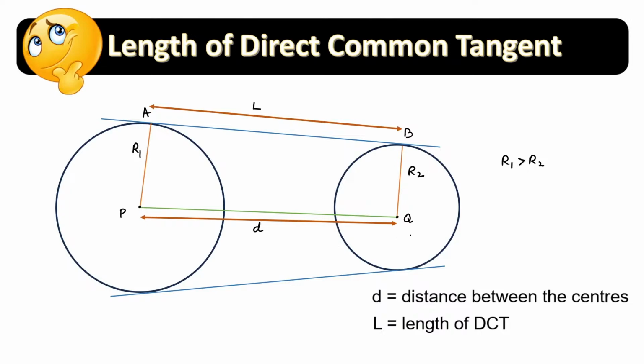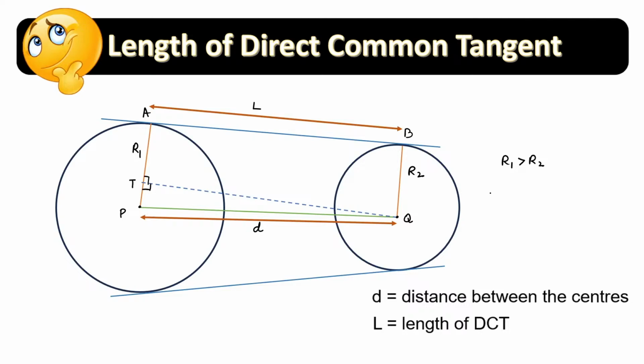Now if I drop a perpendicular from Q on AP, let us say the perpendicular is QT. Therefore, this angle is 90, this angle is 90 because we have drawn a perpendicular.